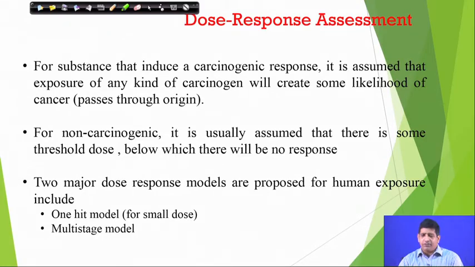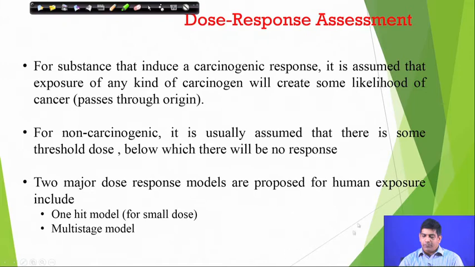The dose response curve is: you take a certain exposure, and for that exposure you look at the corresponding impact. For substances that induce a carcinogen response, assume that exposure of any kind will create some likelihood of cancer. For non-carcinogens, we assume that there is some threshold dose below which there will be no response.